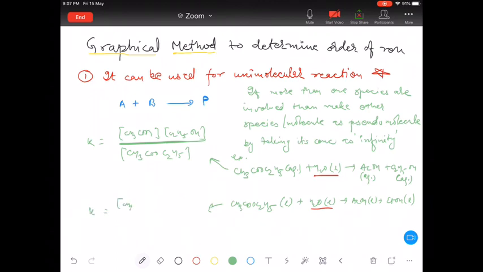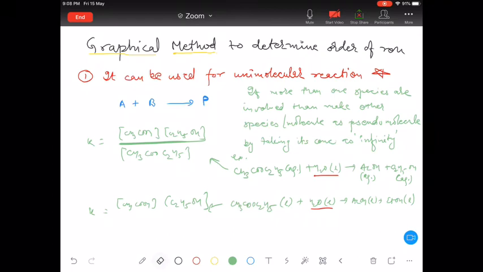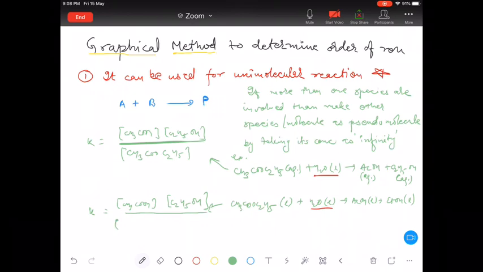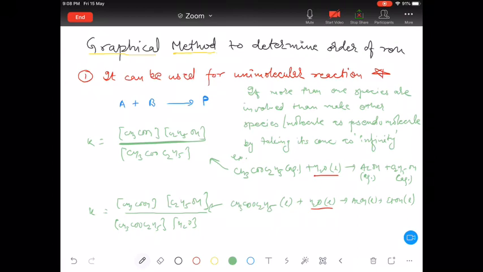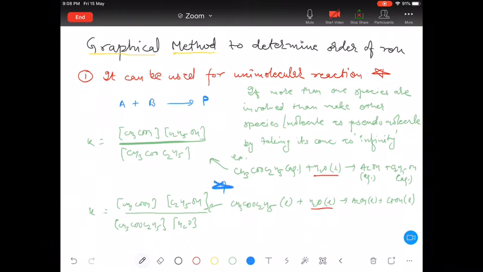But if I have to write Kc for this reaction, I'll write it as CH3COOH, C2H5OH divided by CH3COOC2H5 divided by H2O. These two examples, if you are unaware of them, please put one star mark on these two examples.